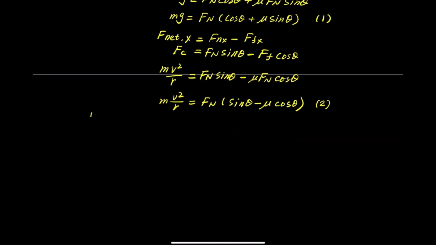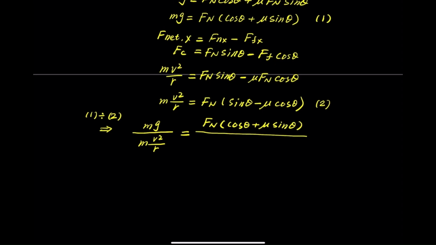Now if we divide equation 1 by equation 2, on the left side we have mg from equation 1 over mv squared over r from equation 2. On the right side we have Fn cosine theta plus mu sine theta from equation 1, and on the bottom we have Fn sine theta minus mu cosine theta from equation 2.